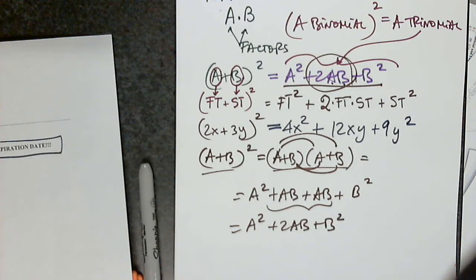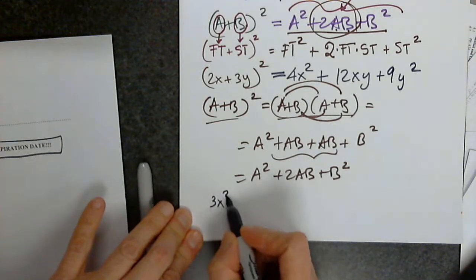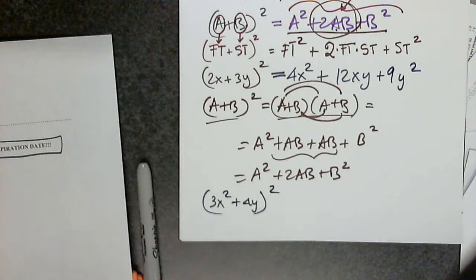Now, if you feel that you did not grasp this, let me know. Also, when you get home, if you say, I'm not really sure about that, make up another 5 examples. Make up anything else you want, like 3x squared plus 4y squared, and practice with that. And check using FOIL.